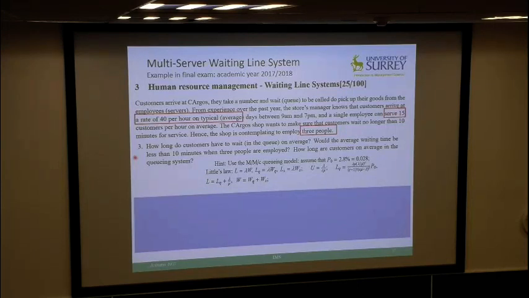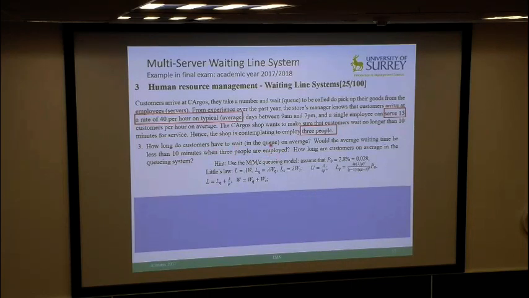So we know how many customers are on average in the system, queue, and service. The next one is time. How long do customers have to wait in a queue, how long is the average wait in the whole queue system, and would the average waiting time be less than 10 minutes when 3 people are employed? This is pretty simple.